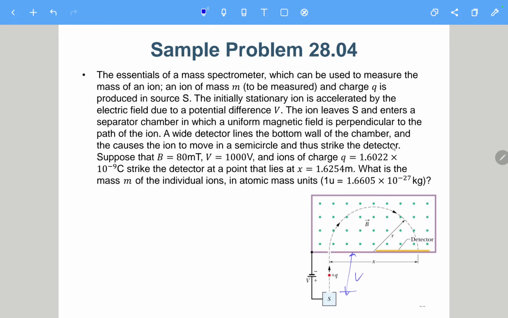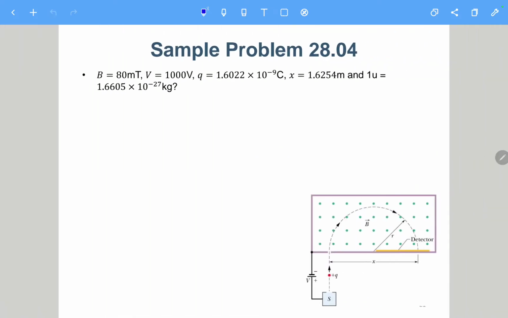So this is the detector, and the field causes the ion to move in a semicircle and thus strike the detector. Suppose B, V, q are these values, and the ion strikes the detector at a point that lies at x. So this is x, which is the diameter of the circular motion. What is the mass of the individual ion in atomic mass units? 1 u equals this number.